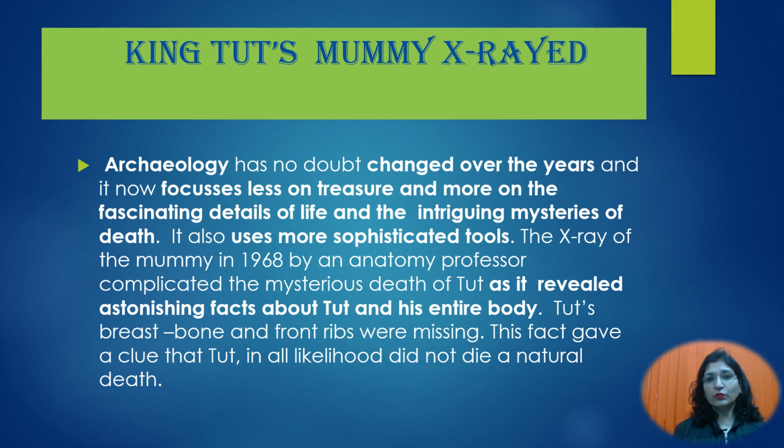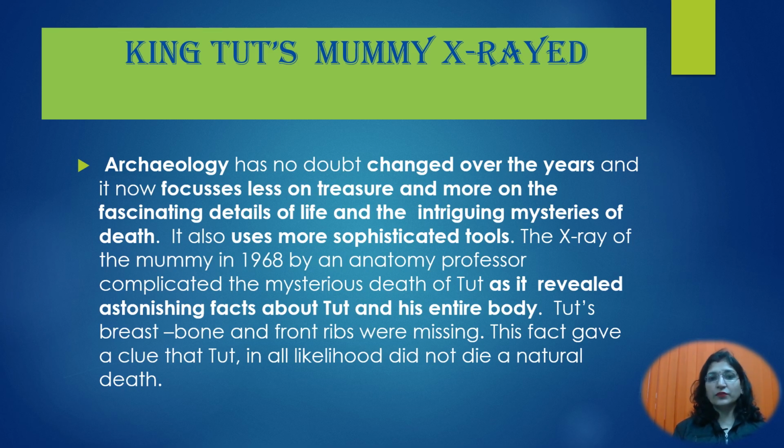Archaeology has no doubt changed over the years, and it now focuses less on treasure and more on the fascinating details of life and the intriguing mysteries of death. It also uses more sophisticated tools now.